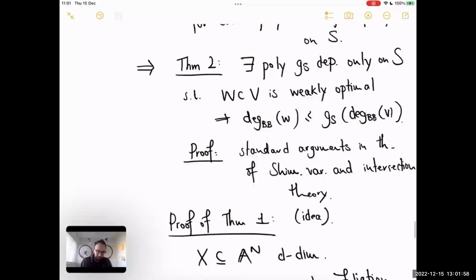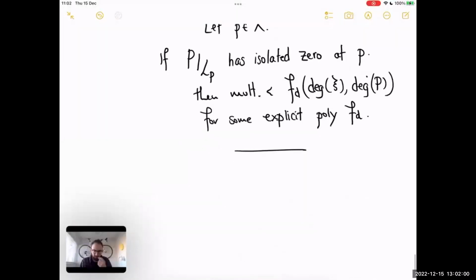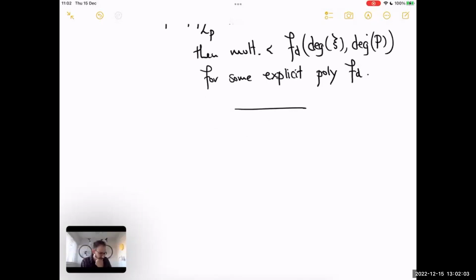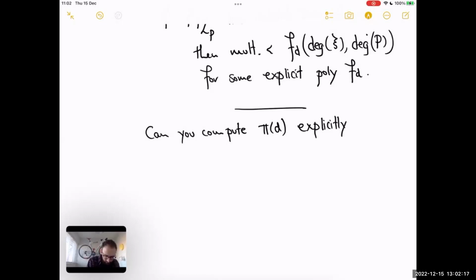So the last question, which is presumably the most meaningful, is can you actually compute the pi-d explicitly? And so the answer to that question is essentially yes. But of course, the problem is if you want to do such a thing in the setting, let's say, as we had above, you'd need all sorts of stuff that's rather hard to get your hands on.